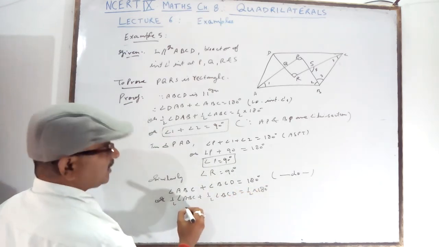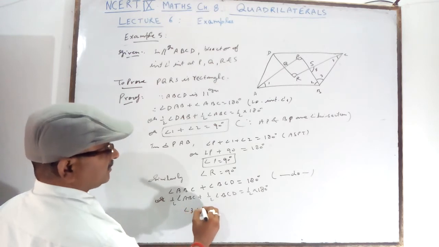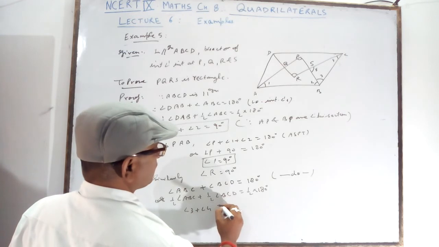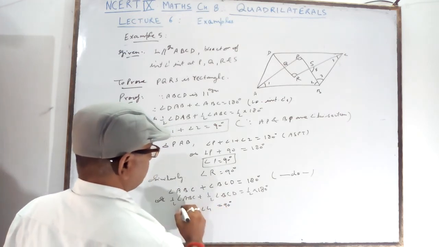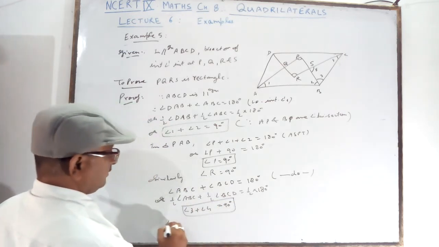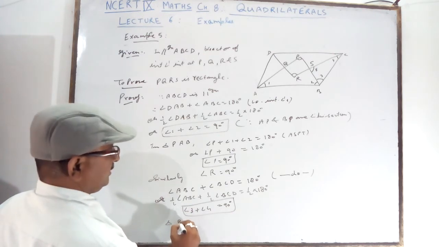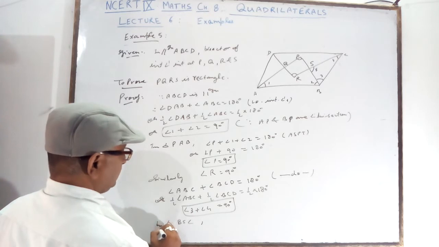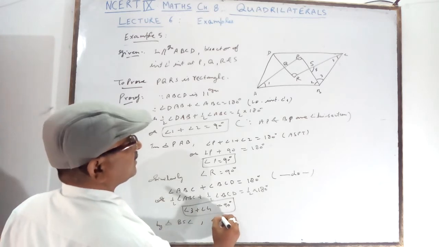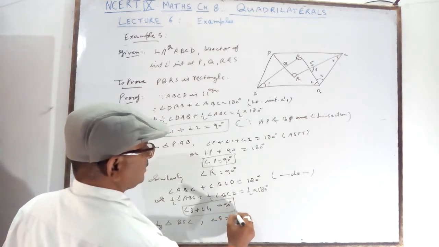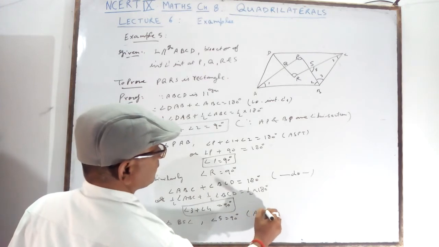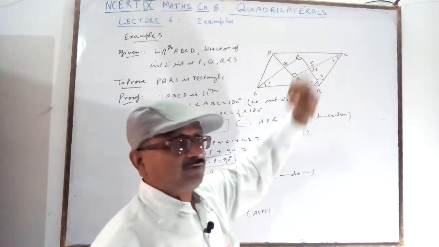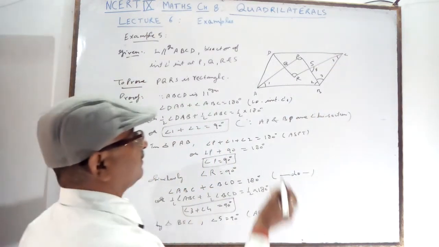So angle 3 plus angle 4 is equal to 90. By this, in triangle BSC, angle 5 is equal to 90 degrees, applying the angle sum property.